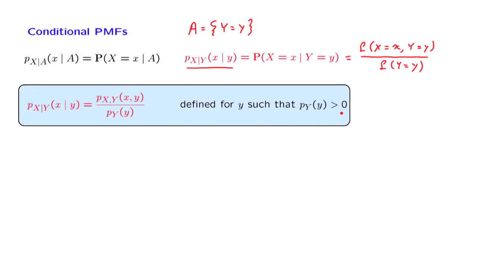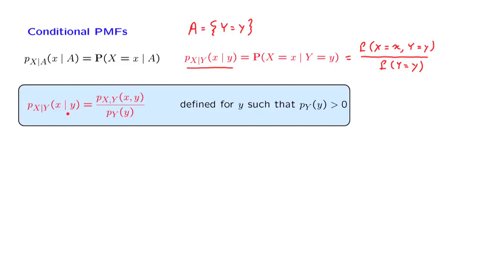Now, the conditional PMF is a function of two arguments, little x and little y. But the best way of thinking about the conditional PMF is that we fix the value little y and then view this expression here as a function of x.